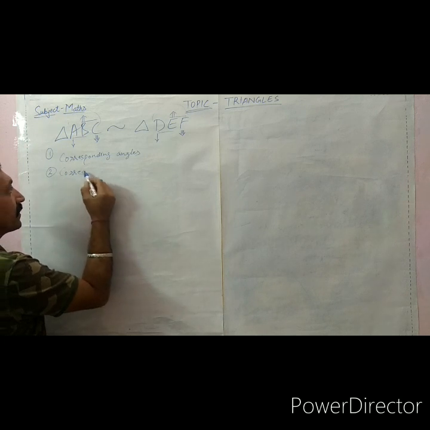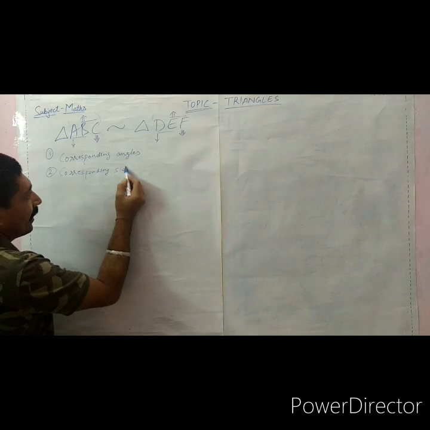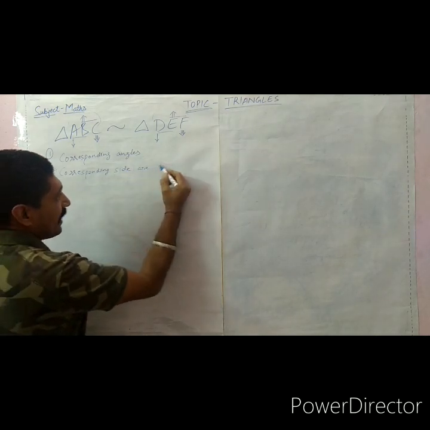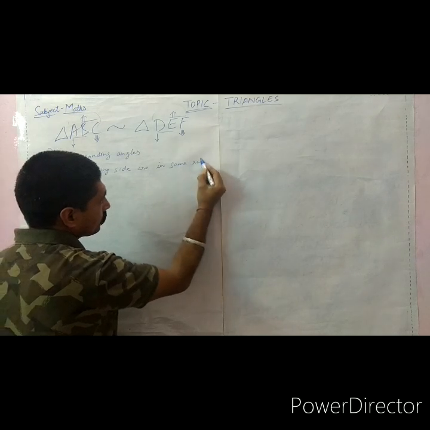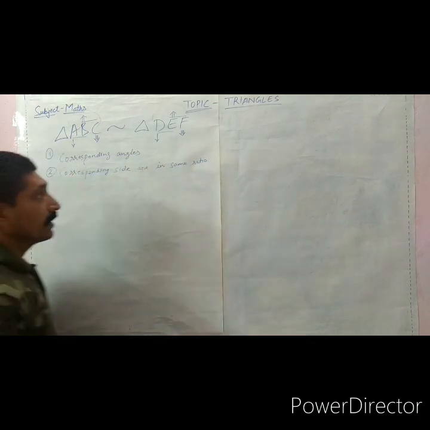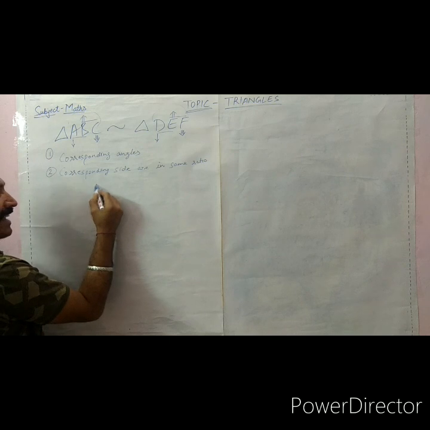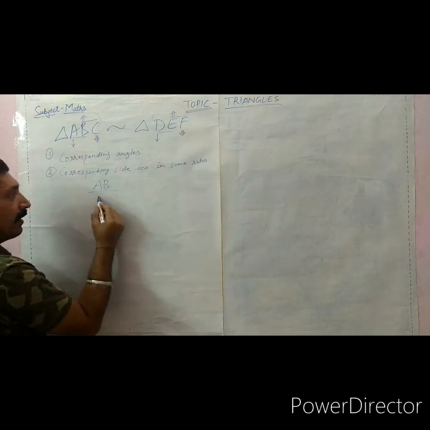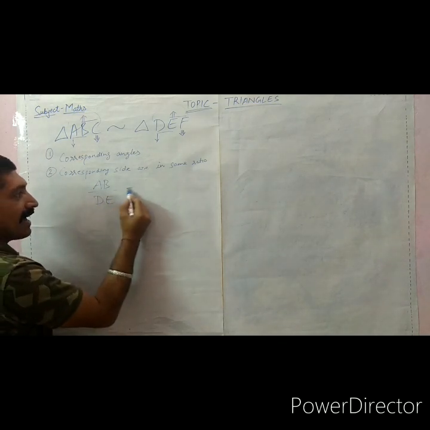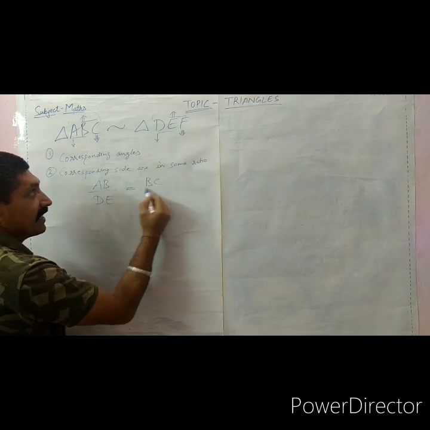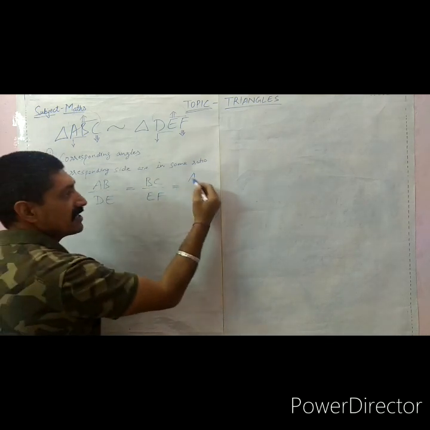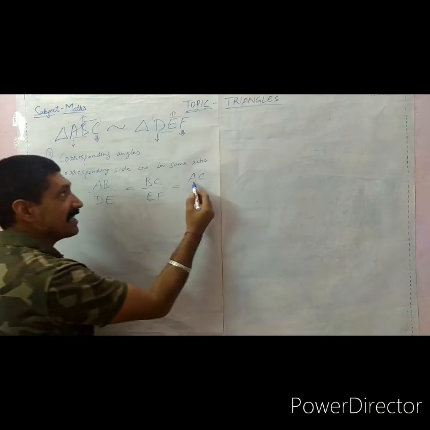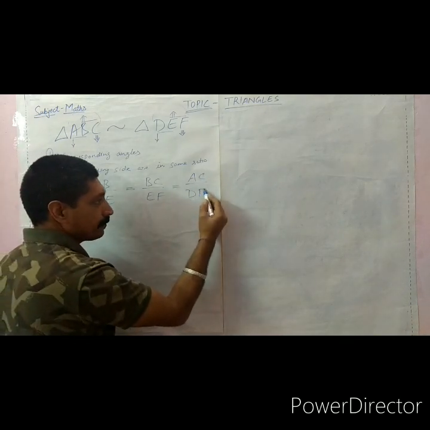So the second condition is that the corresponding sides are in the same ratio, which says that side AB upon DE is always equal to the second side BC upon EF, which is further equal to the third side of the triangle, AC upon DF.